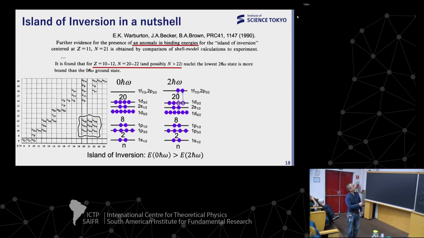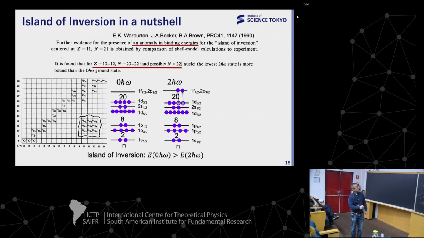They found further evidence for the presence of an anomaly in binding energies for the island of inversion centered at Z equal 11, sodium, and N equal 21, obtained by comparing shell model calculations to experiment. This means that compared to a normal shell model without assuming any mixture of d3/2 and f7/2, these 9 nuclei have some abnormal behavior in mass.